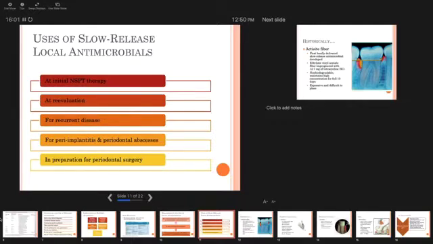Because we know with our implants, we can't get decay around an implant, but we can definitely get peri-implantitis, periodontal abscesses, furcations, those hard to reach areas. And it can also be used in preparation for periodontal surgery. So not just the non-surgical perio that dental hygienists can provide their patients, but if someone is going to have periodontal surgery itself, where they're going to do a gum flap, these local antimicrobials can help to prep that site of surgery so that they have a better outcome.